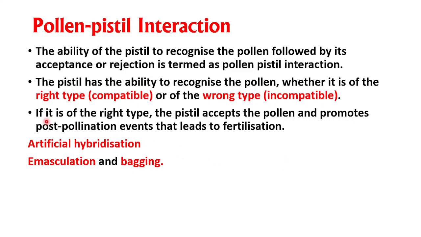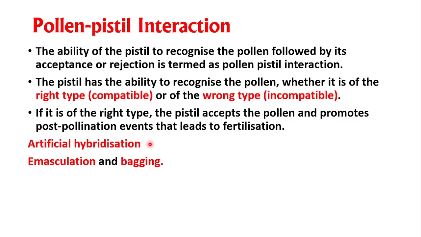If the pollen which has landed on the surface of the stigma is of the right type, or compatible, then what will happen? The pistil accepts the pollen grain and promotes the post pollination events. If it is compatible, acceptable, and of its own kind, the pistil will accept the pollen grain and promote the post pollination events.